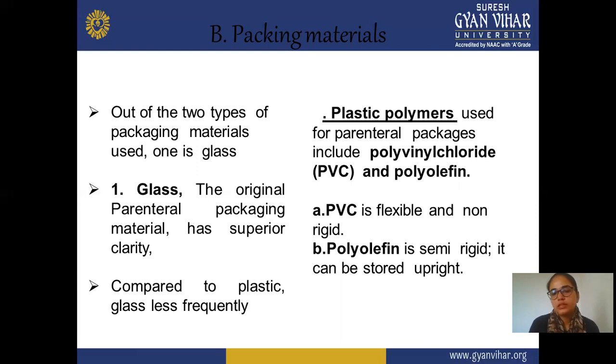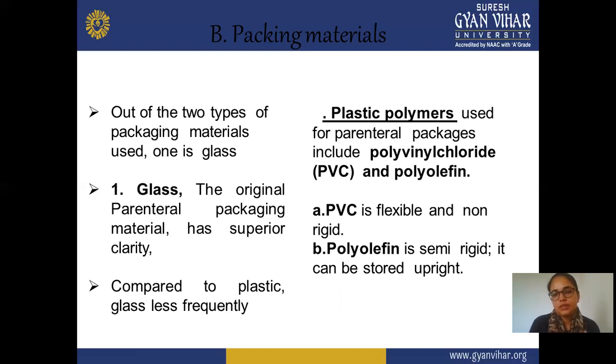So these are the polymers that are mainly used for manufacturing of plastic containers. In the manufacturing of plastic containers, mainly PVC, that is polyvinyl chloride, or polyolefins are used. And PVC, or polyvinyl chloride, is flexible and non-rigid. This means it is flexible in nature and shows non-rigid property or less rigidity.